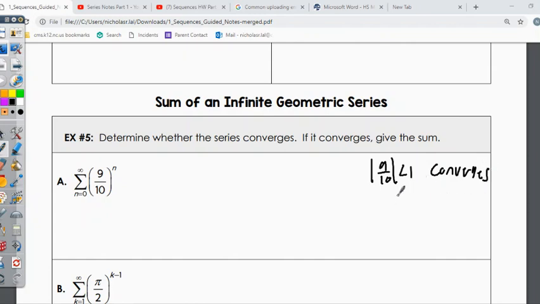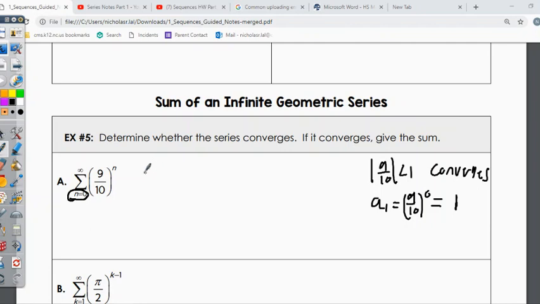Furthermore, remember our starting value is 0. So A1 is going to be equal to 9/10 to the 0, which is going to be 1. And then let's find our series value.